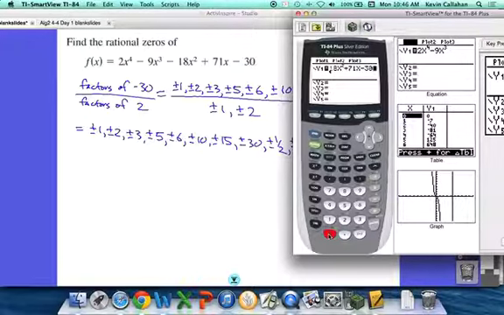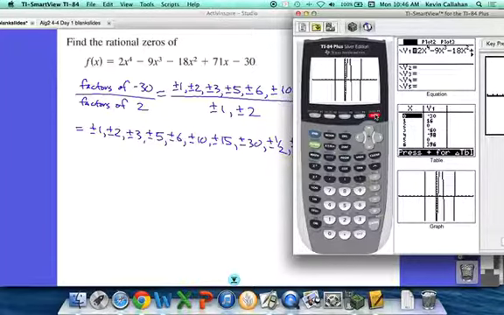Hopefully I put all that in right. Now I'm going to hit the graph. And this is a 4th degree polynomial. I can see 4 zeros, 4 x-intercepts, right? 1, 2, 3, 4. 3 of them look like they're probably integers, right? One of them looks like it might be in between the 0 and the 1.